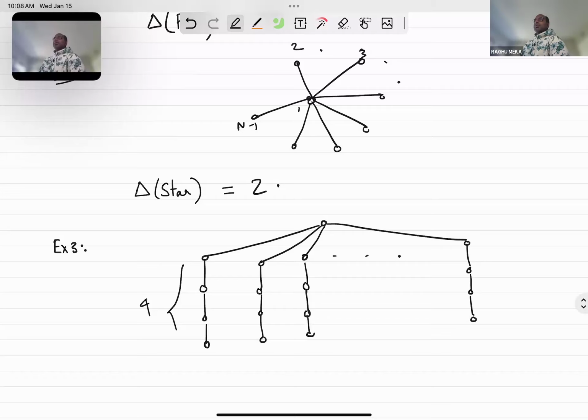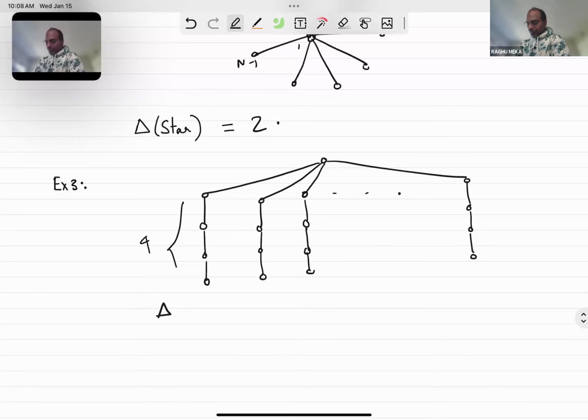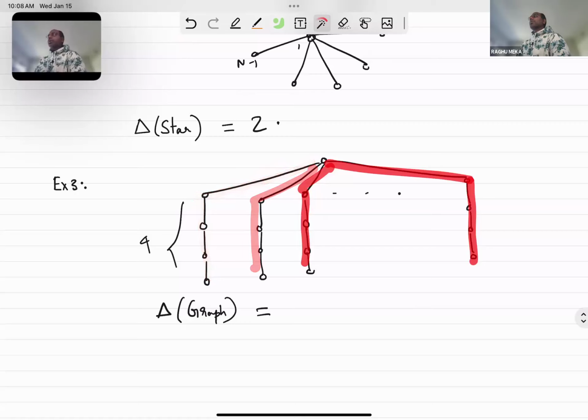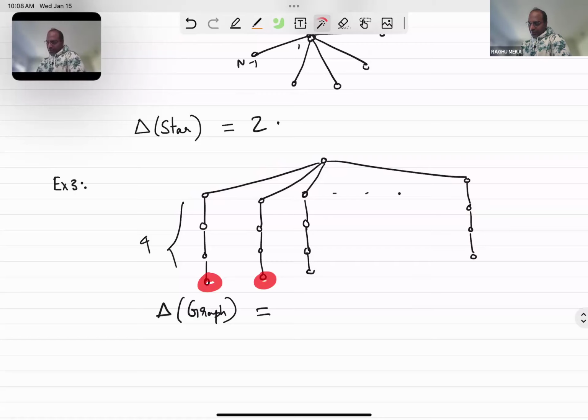Okay. So what is the diameter here? Kind of looks like a tree where here you have a very high branching factor, and then these twigs are kind of 5 vertices each, right? So if I want the diameter here, if I take this leaf and this leaf, the way to connect them is to go all the way up to the root and then come back, right? So 1, 2, 3, 4, 5, 6, 7, 8. So this is 8.